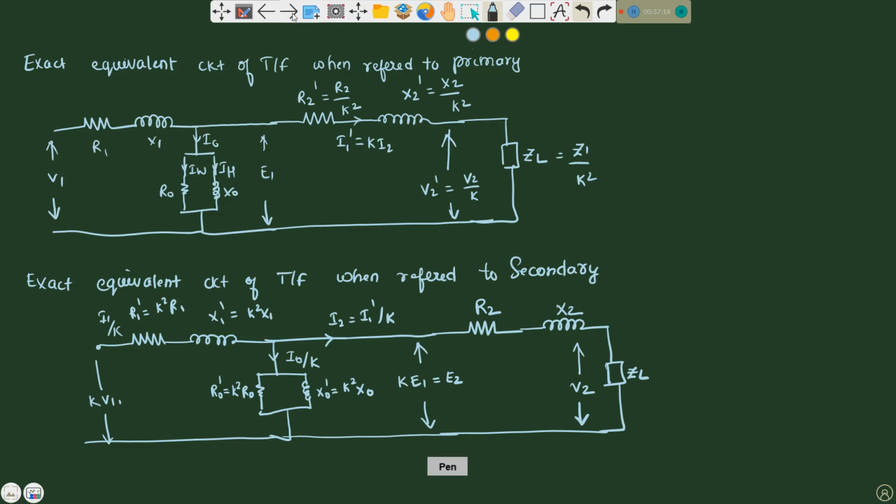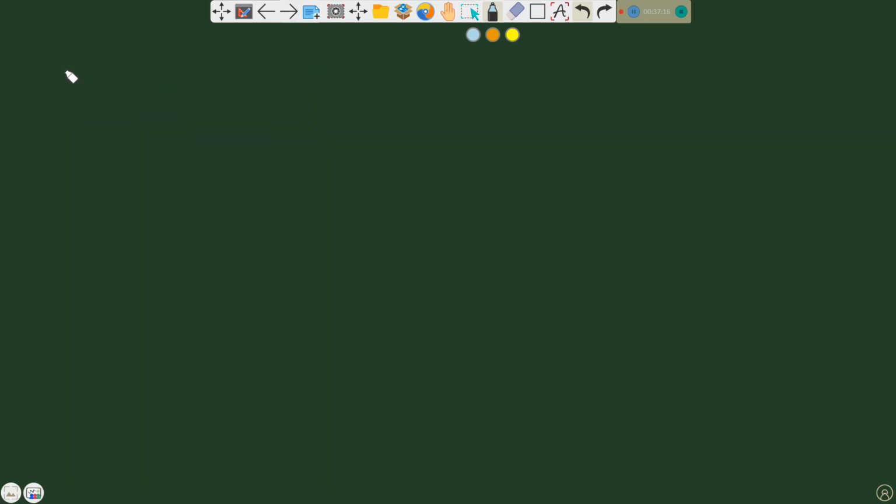Place the shunt branch before the primary components. What are those? Resistance and inductive components.